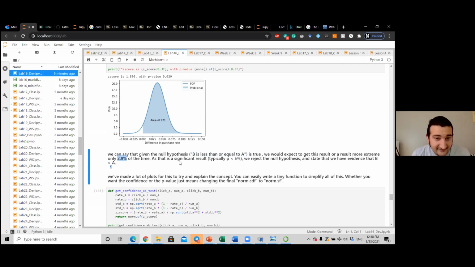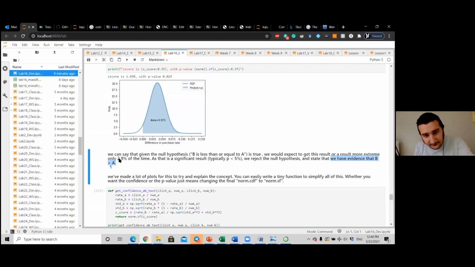As that is a significant result, typically a p less than 5%, the significance level, we reject the null hypothesis and state that we have evidence that B is greater than A. Basically, we ran a hypothesis test to see whether B and A are different or not.